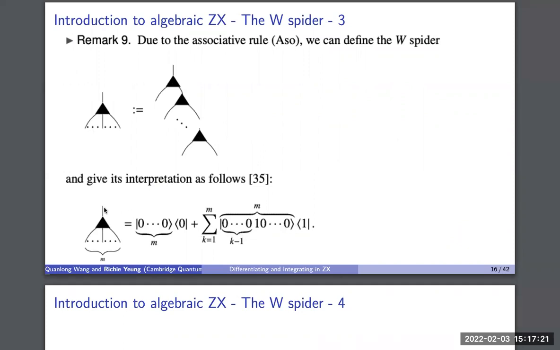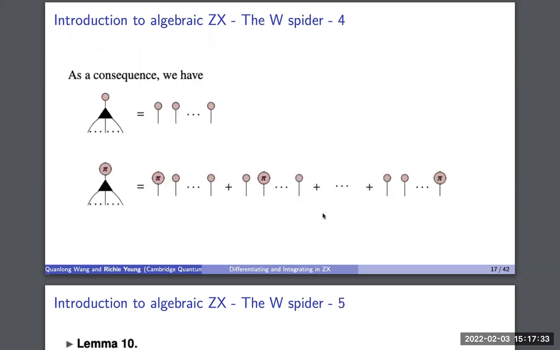And if you put the one state in, you get a superposition of many computational states, where these computational states are all zero except one position where it's one. So in the n equals 3 case, when you put 0 in, you get 0, 0, 0. And if you put the one state in, you get 1, 0, 0, 0, 1, 0, and 0, 0, 1.